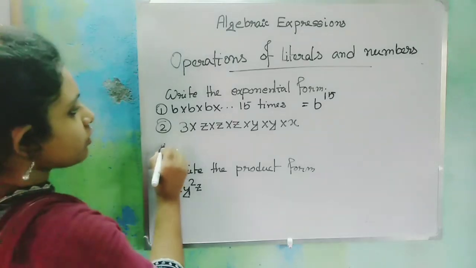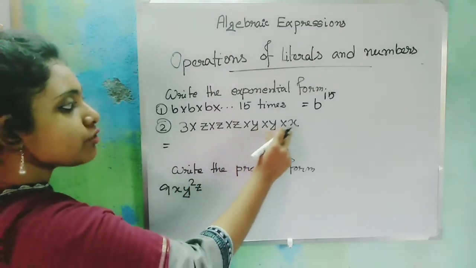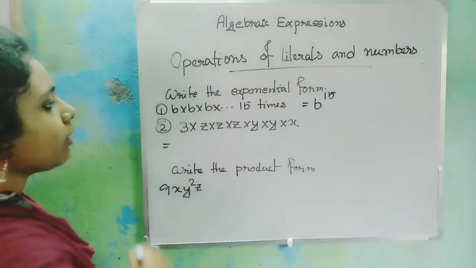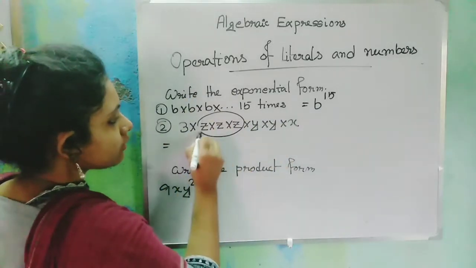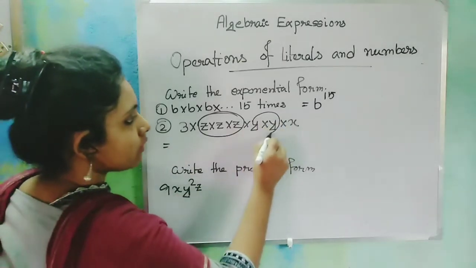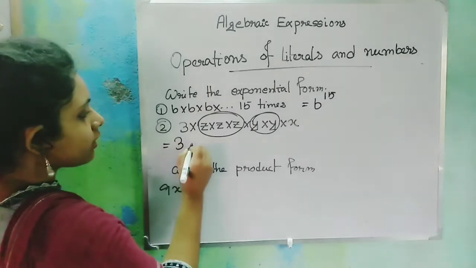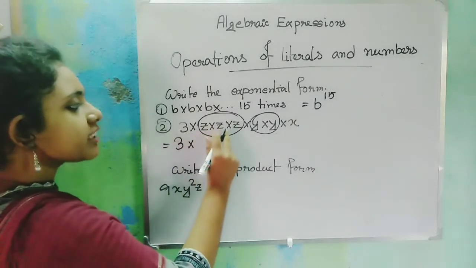Next, 3 into z into z into z into y into y into x. Here we can multiply this. So 3 into z into z into z.